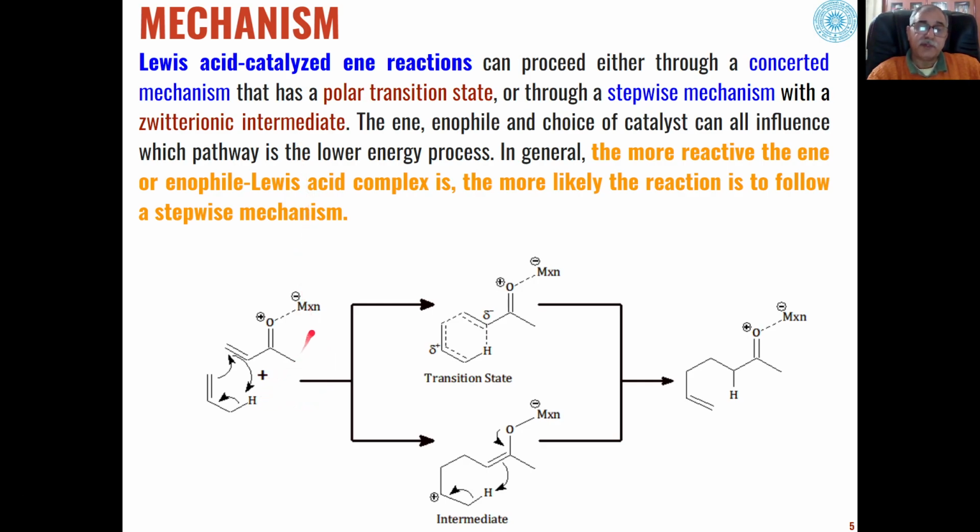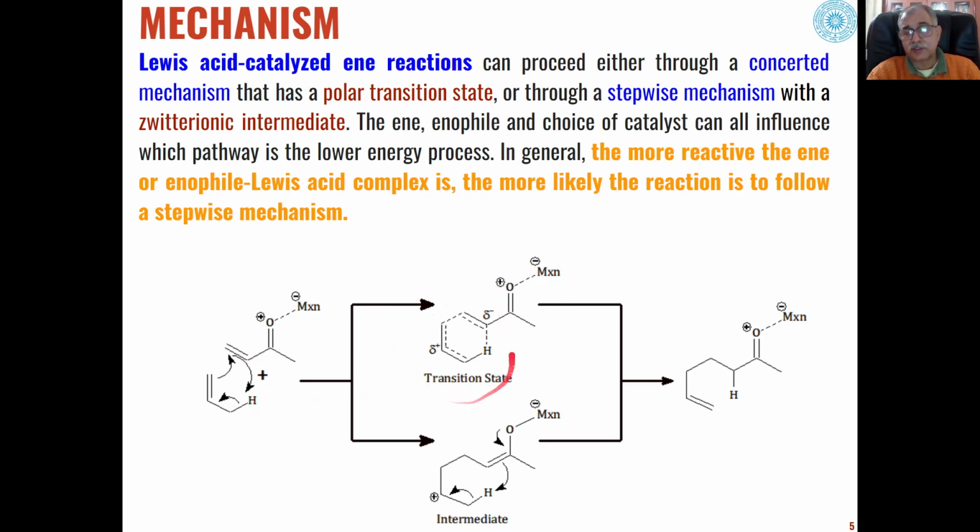So for example, what the Lewis acid will do is polarize the carbon-oxygen double bond like this, and because of this the oxygen will become electrophilic and attract the electron density towards itself. Then it will lead to the formation of a six-member transition state.